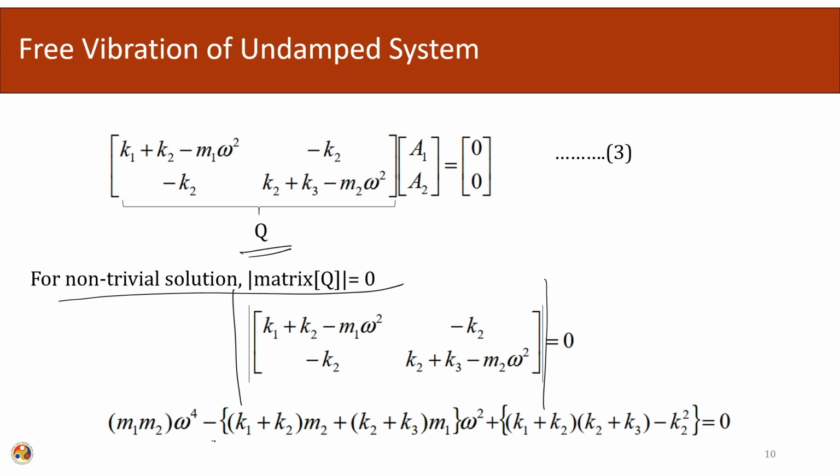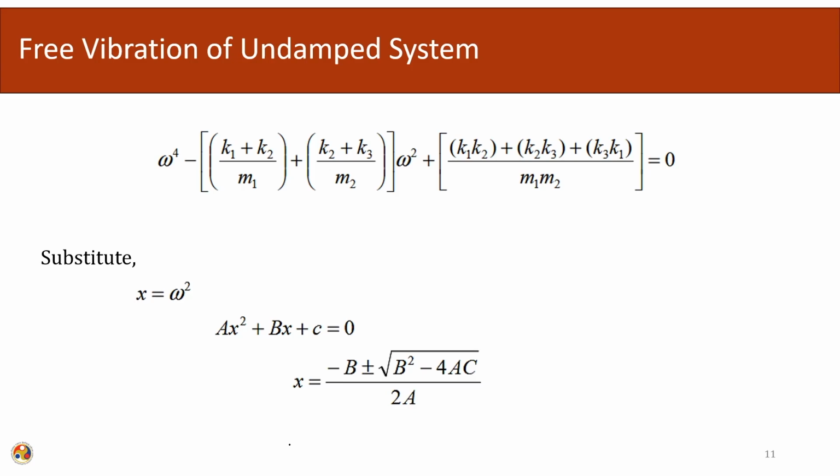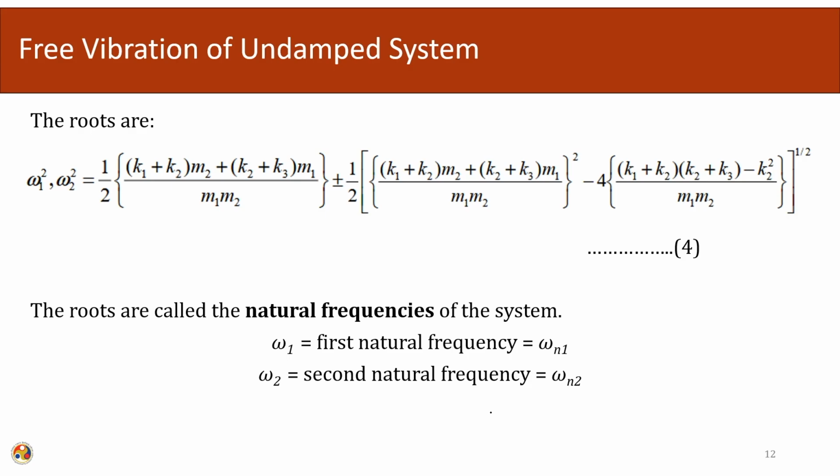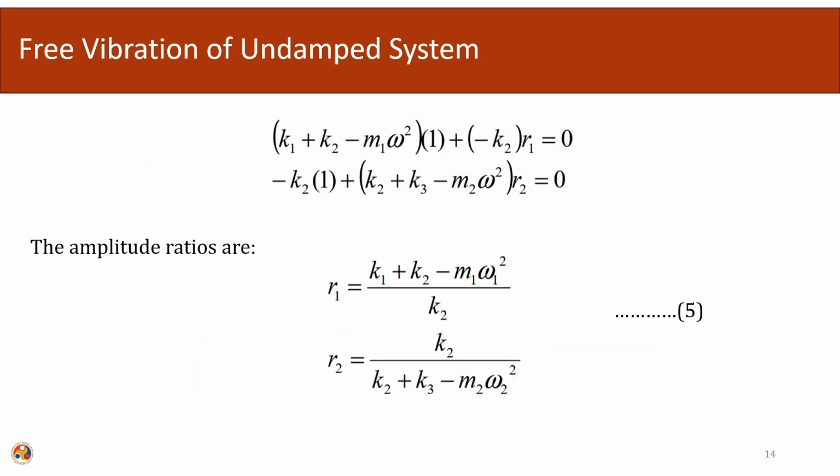So, after that we wrote down the function in terms of omega, and we used this as a quadratic function, and this is the solution for the quadratic function, and after that we evaluated the values of omega. So, omega corresponds to the natural frequency of the system. There will be two solutions, so there will be two natural frequencies of the system. So, we are following the same formulation here also.